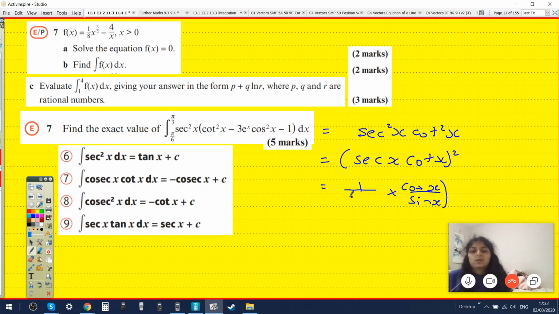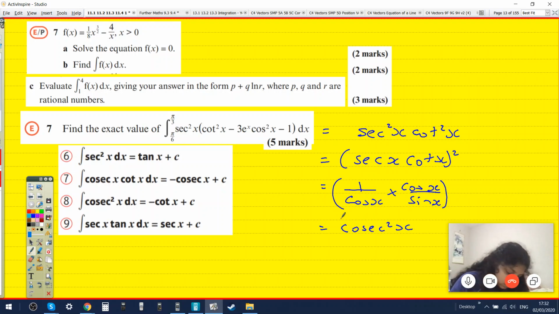Oh, so cos would cancel, and then you'd be left with 1 over sine. And so what is 1 over sine x? Cosec. So that is cosec squared x, which, when you integrate, gives you minus cot x.